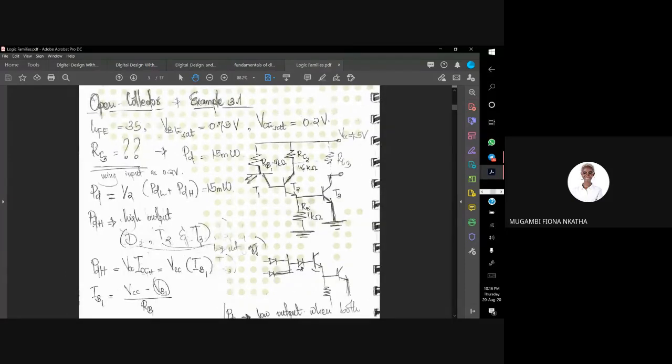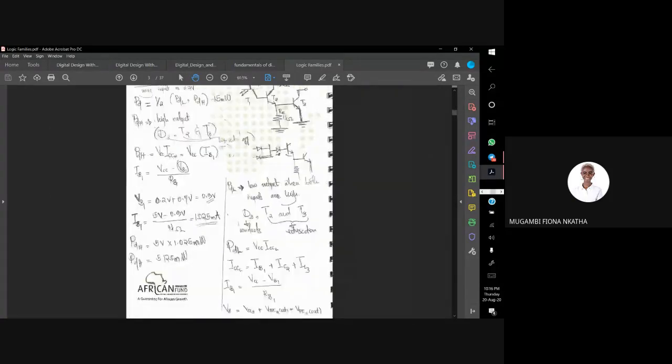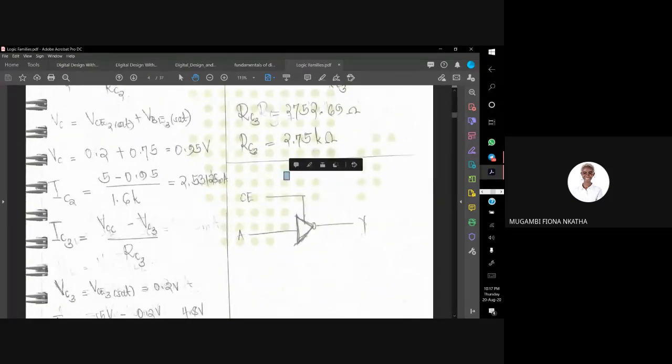Our VC2 is the VCE2 SAT across the T2 transistor plus the VBE3 SAT. I hope you can see that. Then our VC2 will be 0.2 plus 0.75, you get 0.95 volts. Our IC2 will now be 5 minus 0.95, divided by the RC2 value, 1.6K, you get 2.53 milliamperes.